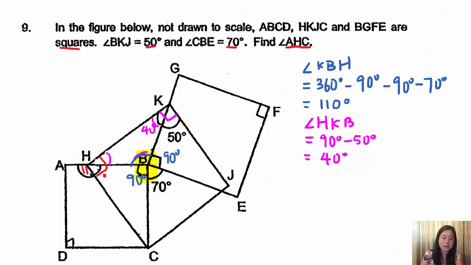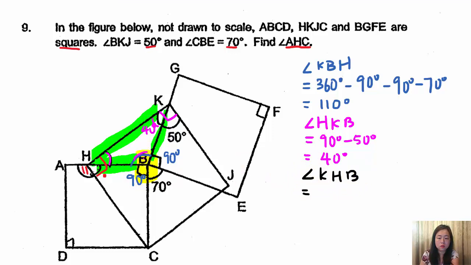So now we can see that this is a triangle, and so we can find angle KHB using angle sum of triangle, and it will be 180 degrees minus 40 degrees minus 110 degrees, which is equal to 30 degrees.